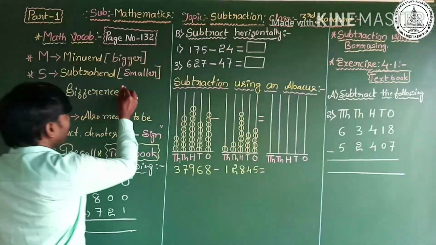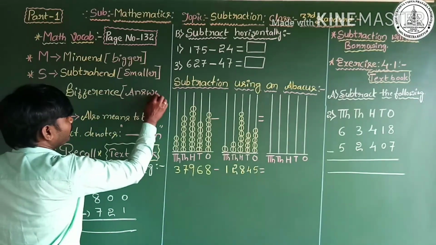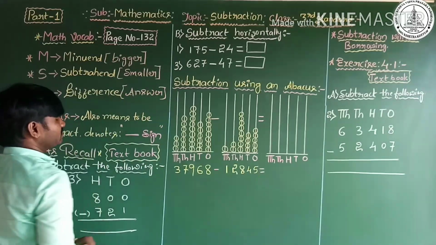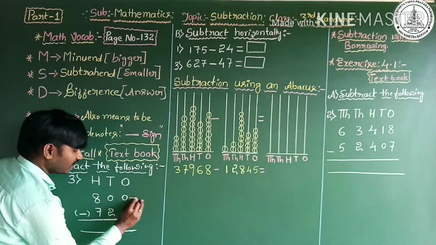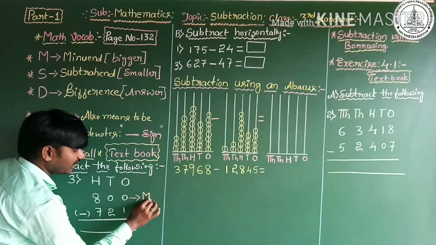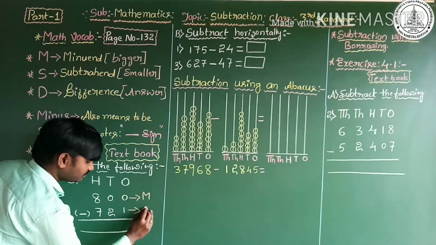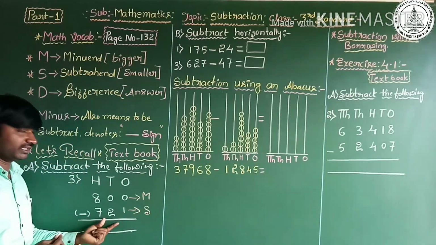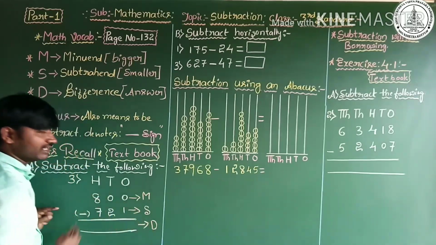Difference means the answer. Dear students, minuend means the greater number. Subtrahend means the smaller number. We get the answer, that is the difference.